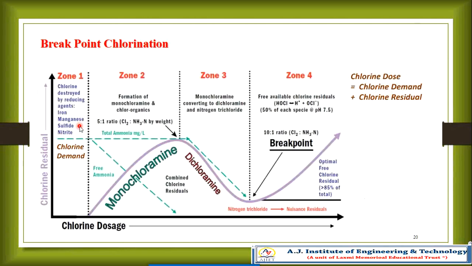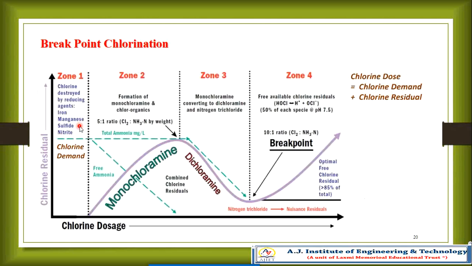Then comes the zone with the formation of monochloramine as well as chloroorganics. The third zone is where monochloramine is converting to dichloramine or trichloramine and nitrogen trichloride, which is called the combined residual chlorine. And the last zone will be free available chlorine. We'll discuss what free available chlorine is in the next slide.